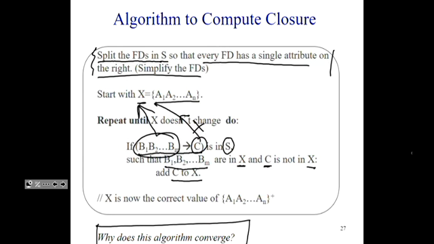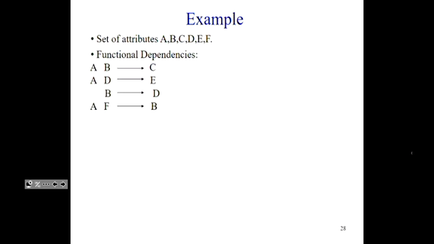It can't go to infinity, right? Because each step you are concretely making progress, and in the worst case you have all of the attributes as an upper bound, and therefore that is when you will definitely stop. Okay, so this is why the algorithm converges.